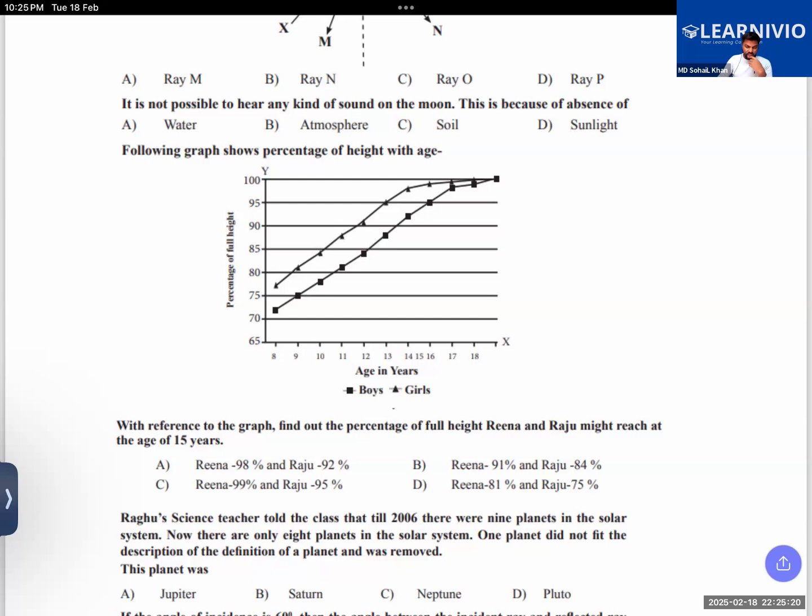So it shows the percentage of height with the age. So with reference to the given diagram, find out the percentage of full height Irina and Raju might reach at the age of 15 years. The diagram is clear to you, no? Yes, sir. Okay.